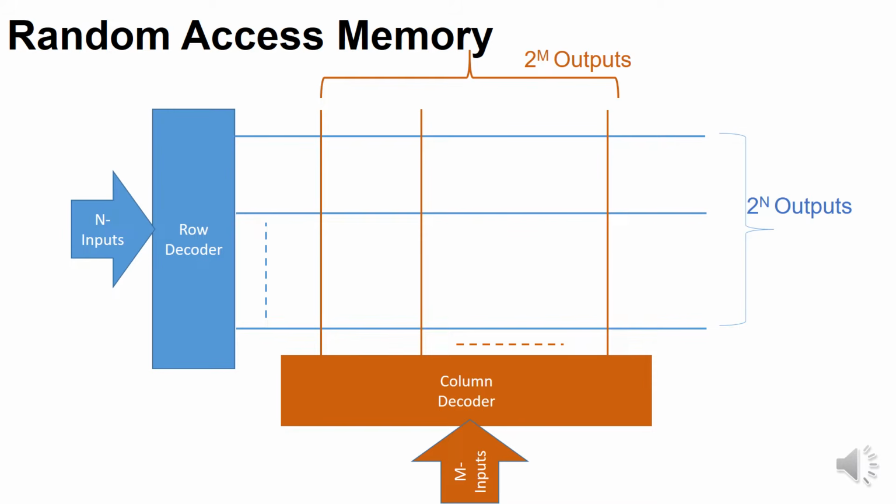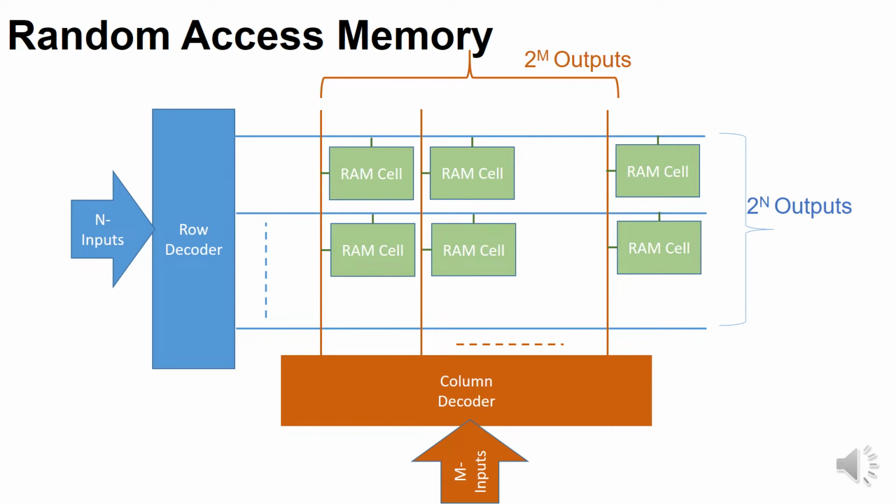It will give a total of 2 to the power m into 2 to the power n addresses. On each address, there is a DRAM cell. Depending on the output of the row decoder and column decoder, a particular DRAM cell can be selected to read or write the information.